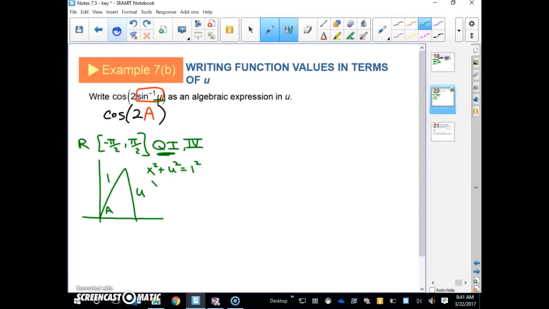Subtract u squared over, you'll have x squared equals 1 minus u squared. And then take the square root. X is going to equal plus or minus the square root of 1 minus u squared. But since we're in the first quadrant, we'll use the positive version. And so this missing side, this x side, is the square root of 1 minus u squared.